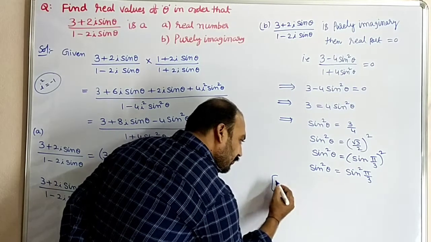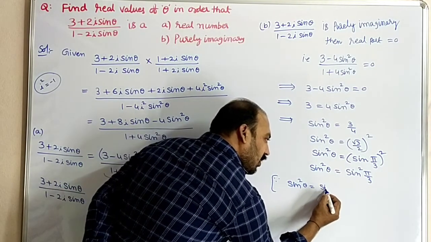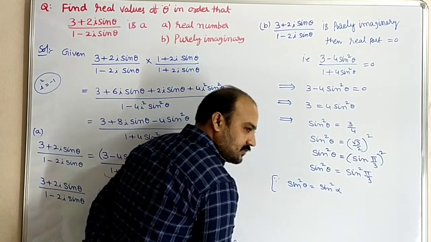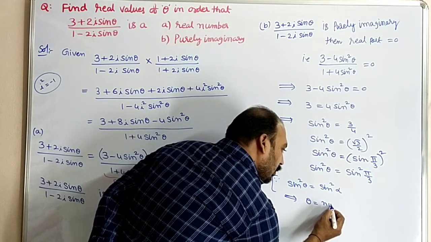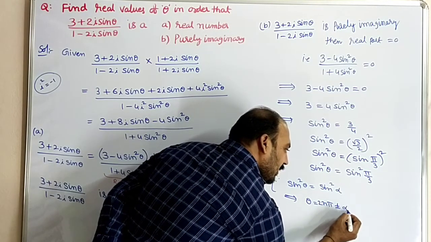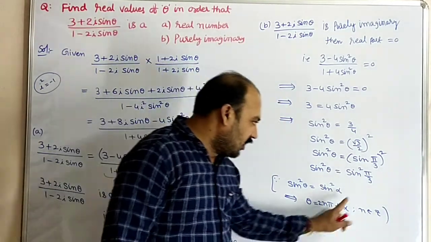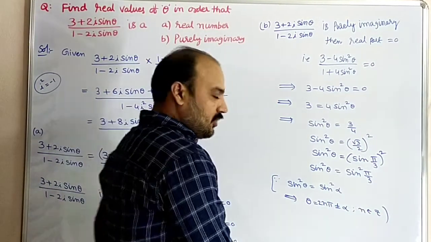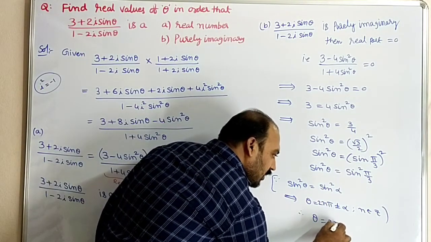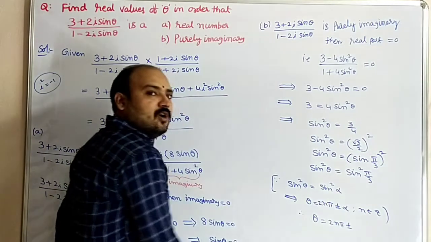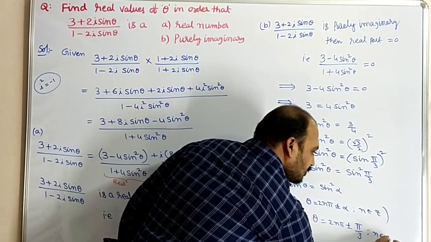We have sin square theta equal to sin square alpha in the general solutions. That implies that theta equal to 2n pi plus or minus alpha, where n belongs to Z. By using this, where alpha is equal to pi by 3, therefore theta equal to 2n pi plus or minus pi by 3, where n belongs to Z.